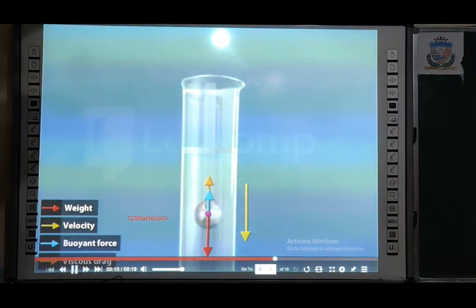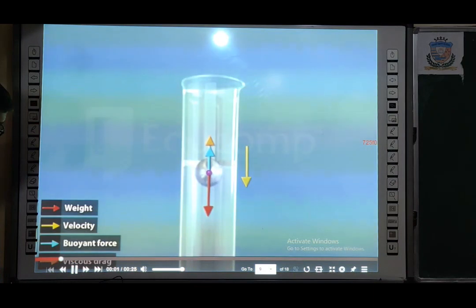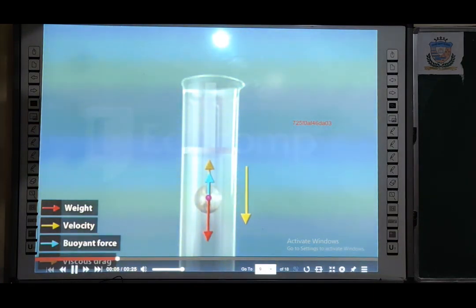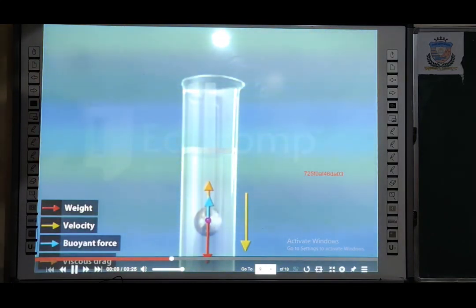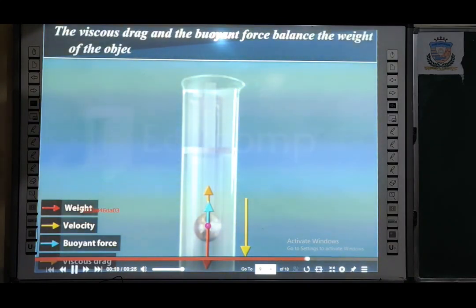All the while, the values of the buoyant force and the weight remain constant. As the ball falls due to gravity, the velocity increases continuously. This results in a continuous increase in the viscous drag. At a certain velocity, the viscous drag and the buoyant force balance the weight of the object.